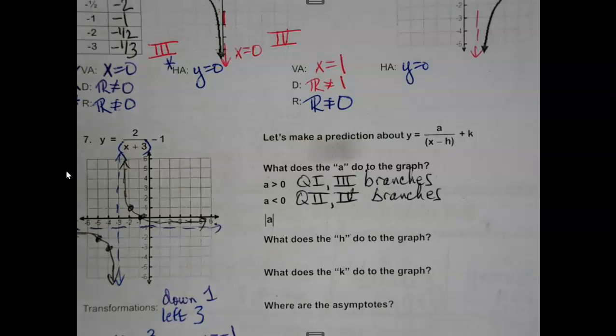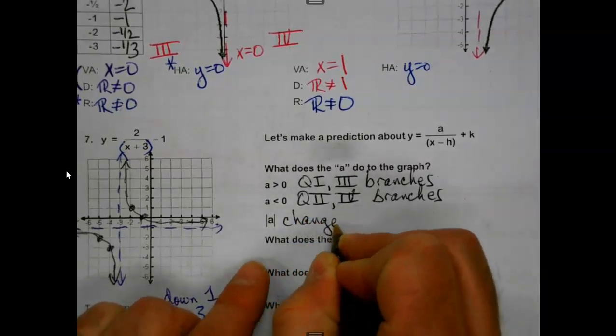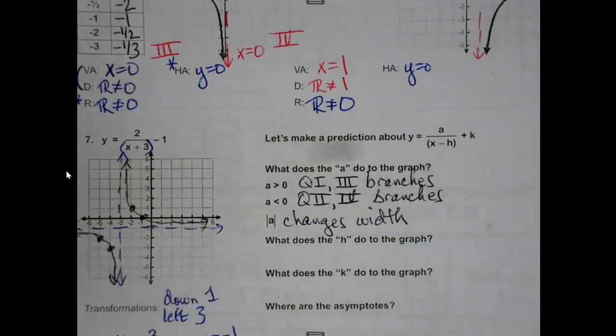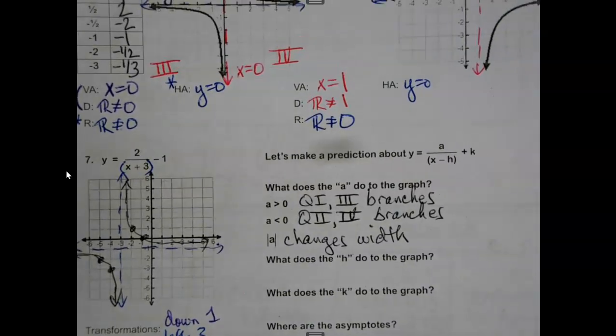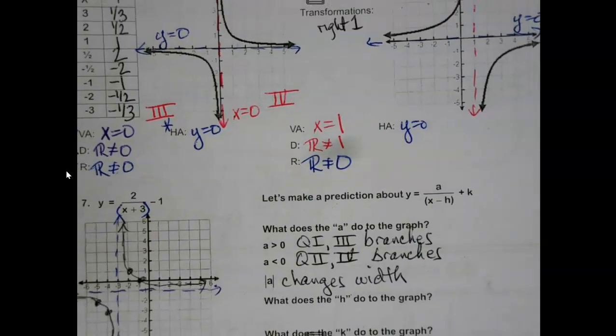And so the other thing we haven't really chatted about yet, okay, well, what about just the value of A period? That's going to change what we call the width of your branch. How close does your branch get to the asymptote?